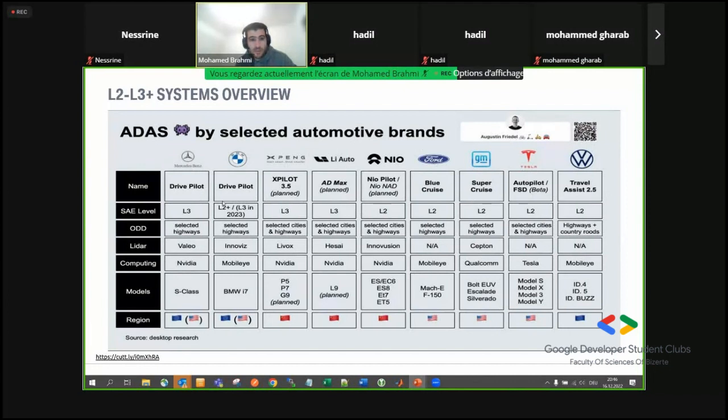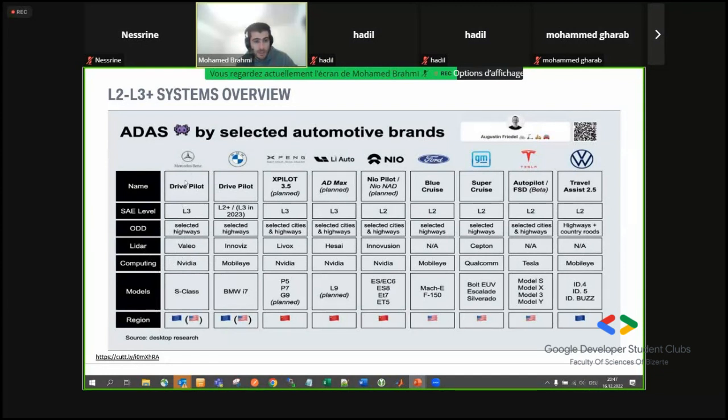Here he tried to summarize, for the major companies in the world, where they are, what their plan is, what their ODDs are, what sensors they are using, what computing platforms, the region, and so on.